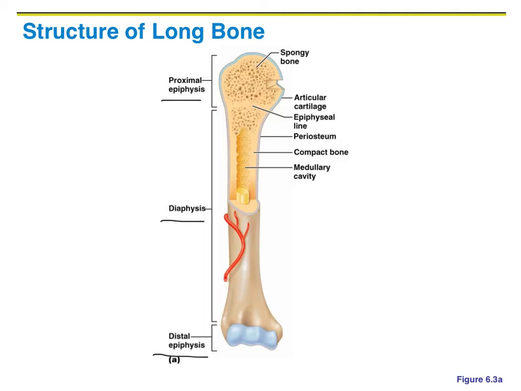On the end of long bone we have hyaline cartilage, known as articular cartilage. Surrounding the diaphysis is compact bone, a dense bone composed of osteons. The epiphyses contain spongy bone, composed of a needle-like network known as trabeculae.